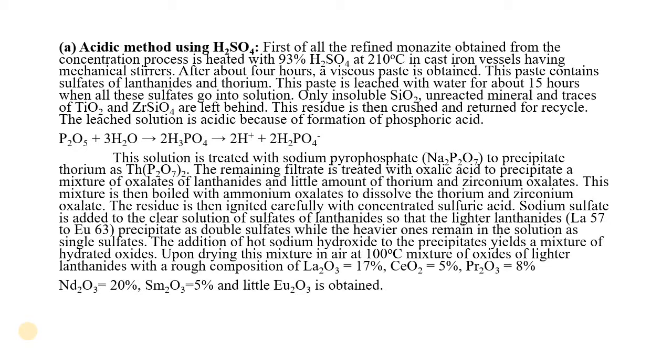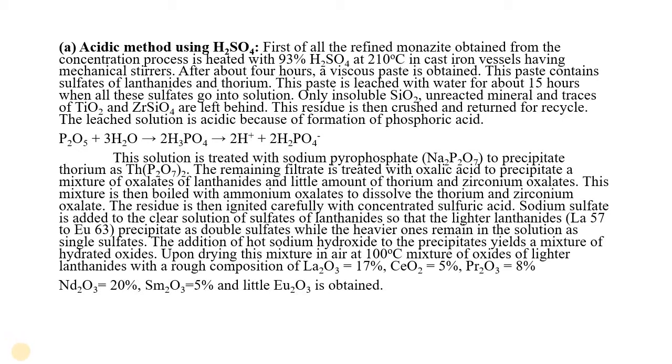The remaining filtrate is treated with oxalic acid to precipitate a mixture of oxalates of lanthanide and a little amount of thorium and zirconium oxalates. It means the filtrate is treated with oxalic acid to precipitate them as oxalates because their oxalates have least solubility. This mixture is then boiled with ammonium oxalate to dissolve the thorium and zirconium oxalate. The residue is then ignited, heated at very high temperature, burnt.